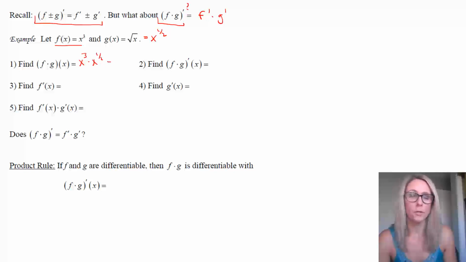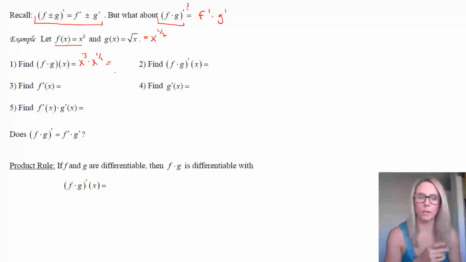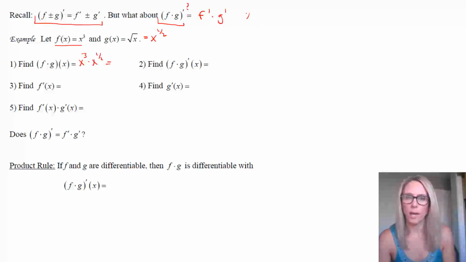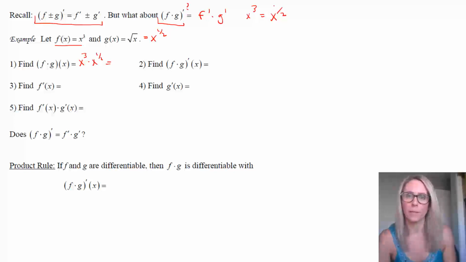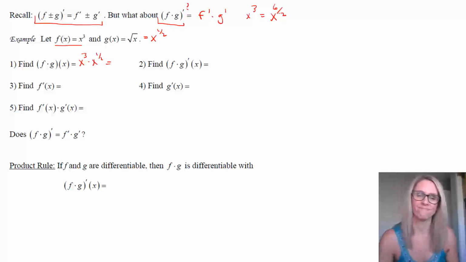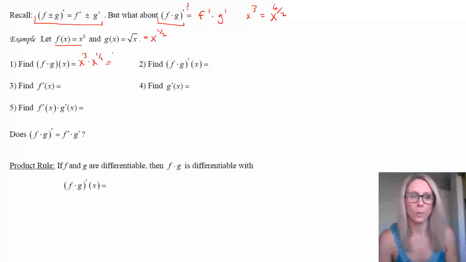To combine those, I need a common denominator, so I change x cubed into x to the 6 over 2. So x to the 6 over 2 times x to the 1/2. We add the exponents because we're multiplying things with the same base, so we have x to the 7/2. It's just some fraction work.